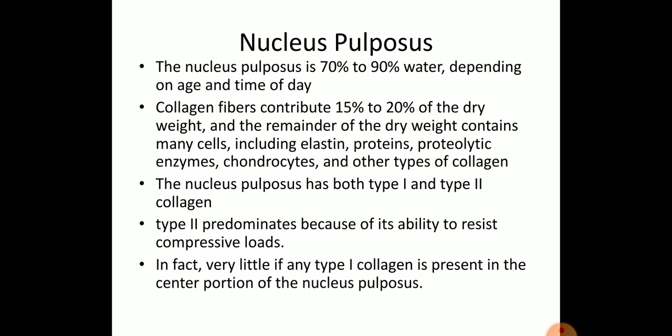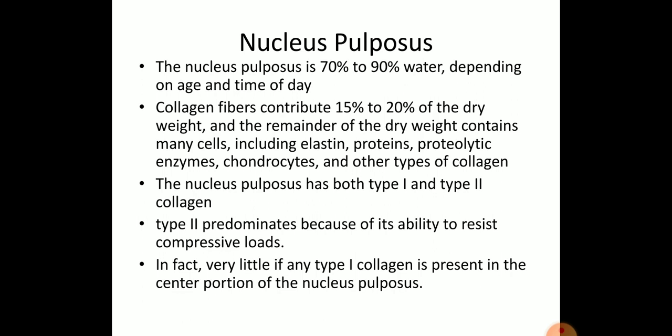So in the nucleus pulposus, there are two types of collagen. Both type 1 and type 2 are present, but the type 2 collagen fibers are much higher than the type 1 collagen fibers, mainly because of their ability to resist compressive forces. The type 2 fibers are mainly designed to resist the compressive forces. Because of this function, type 2 collagen fibers are much more numerous than type 1 collagen fibers.